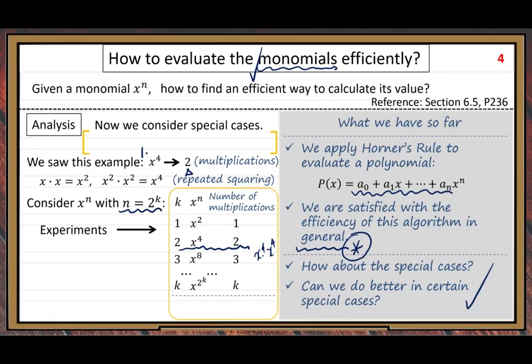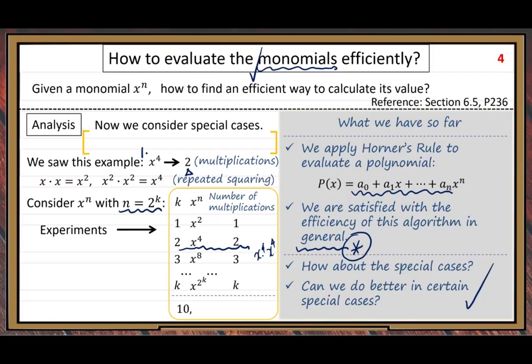To give you some concrete impression for this method, let me try a concrete number here. So when k equals 10, let's compare when we use the repeated squaring technique and when we use Horner's rule. We want to compare how big is the difference.